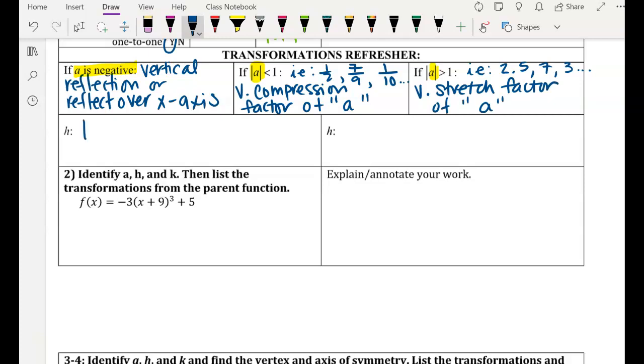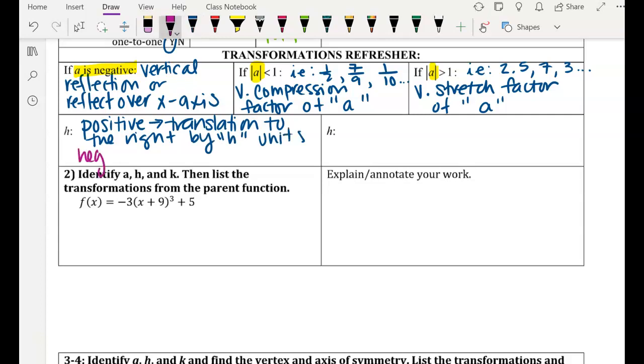If h is positive, that means we are going to have a translation to the right by h units. If h is negative, we will have a translation to the left by whatever that h unit is.